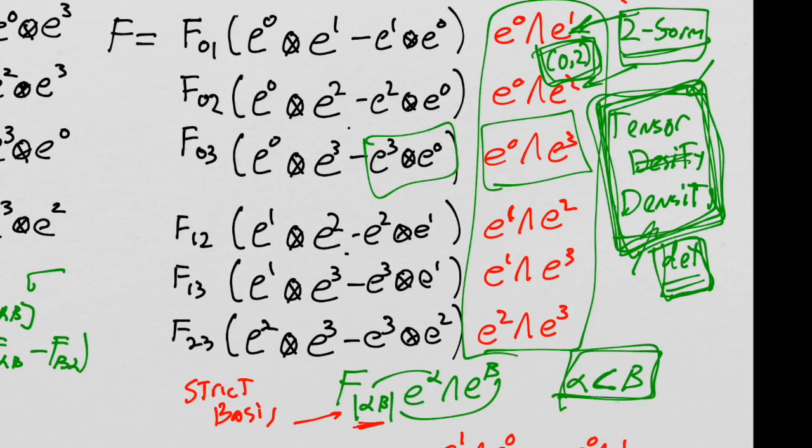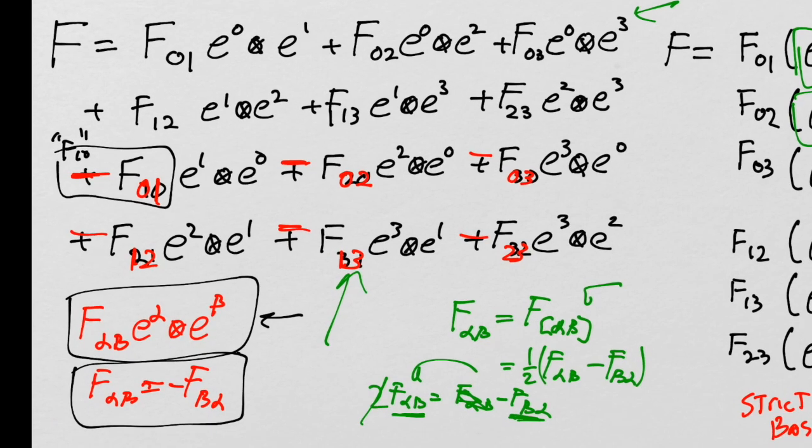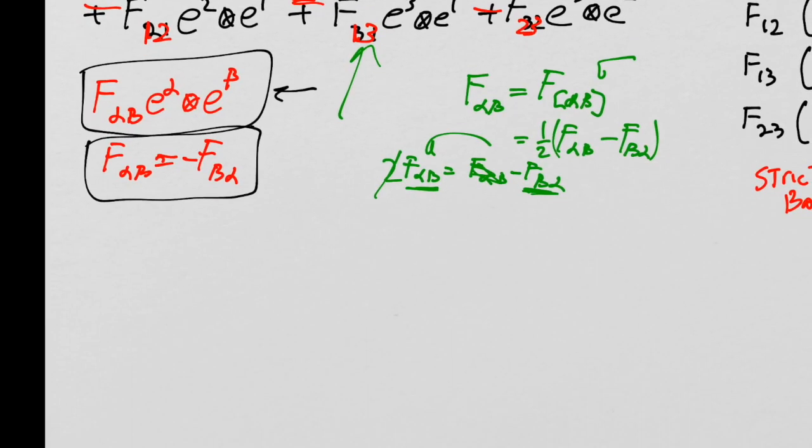And everything I just did for two forms, you can do for three forms and four forms. What happens is these vectors here become more complex, or they become a completely antisymmetrized collection of three vectors. For example, if you did this exercise here, where you take the fully antisymmetric tensor and you write it out in the tensor product basis, then for a three form, the basis vectors would be E alpha wedge E beta wedge E gamma.